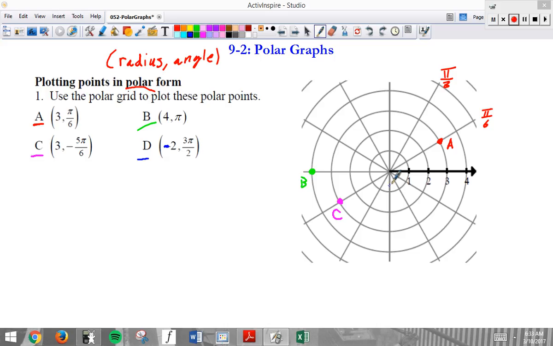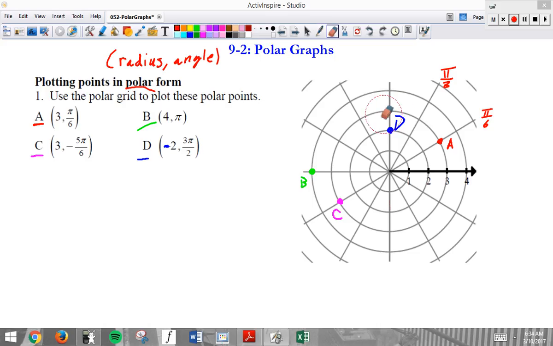So I'm on this side. And now you want to go negative 2. That means instead of going down the angle we're on, or along the angle we're on, we're going to go backwards. So I go up 1, 2. Okay? And that's why it's confusing. So there's D.